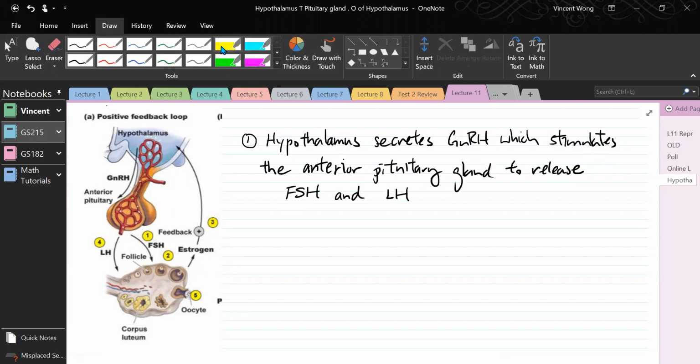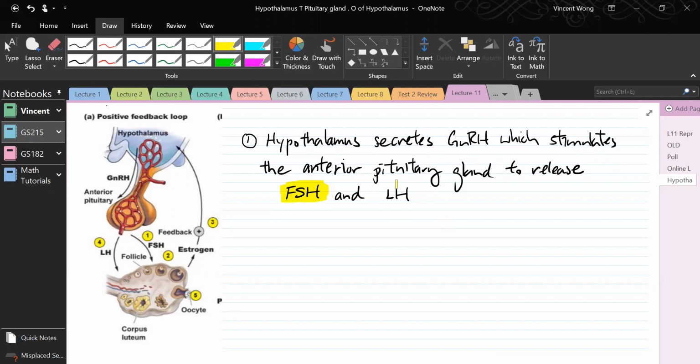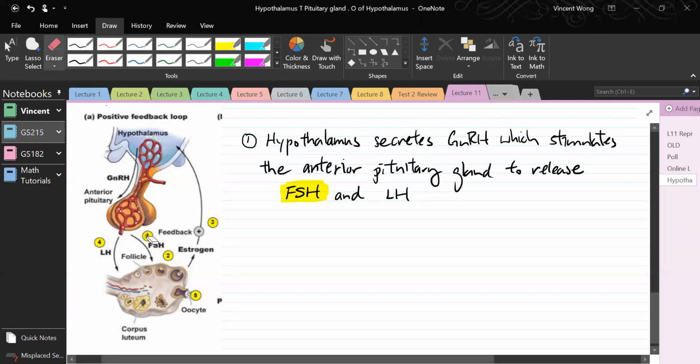Okay, but in the first part here, it is the follicle stimulating hormone that will be doing most of the work. You will have some LH, but it's not really going to be playing as significant a role as FSH. So that's number one right here.